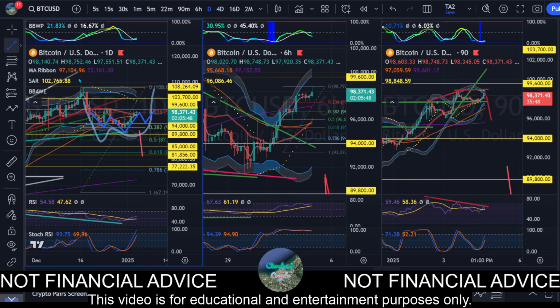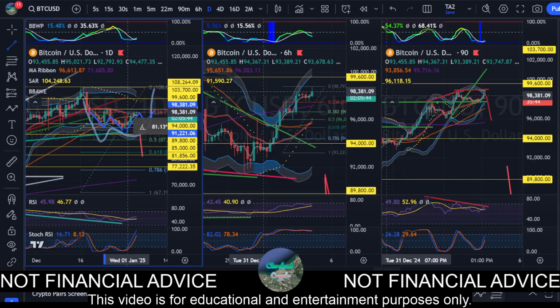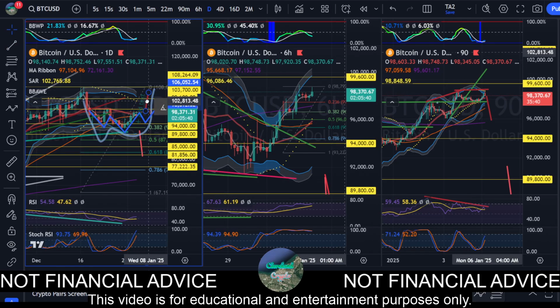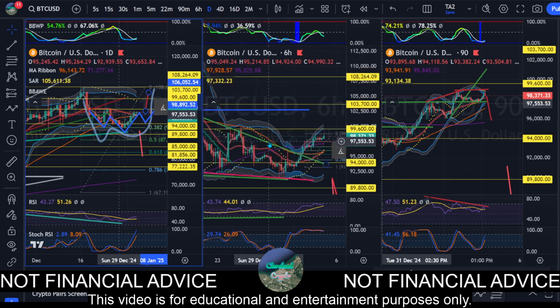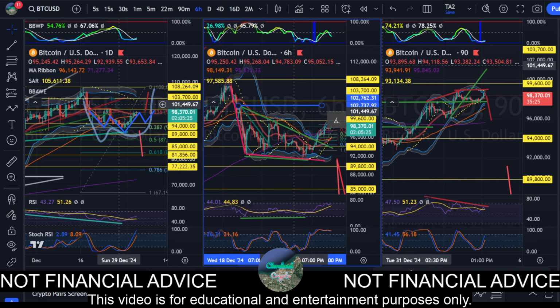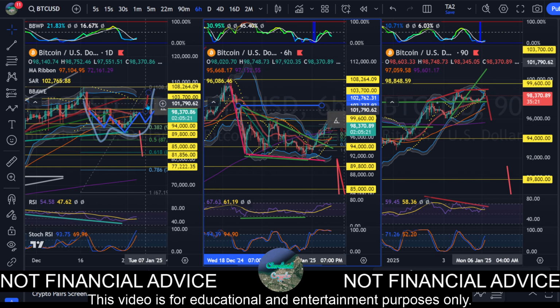This is very speculative, but if that happens, we would see a measured move back up to roughly that 106 level. And that would completely invalidate this bear flag like we've been talking about for days. Got to get over 102, 103 to invalidate that bear flag. That move right there would invalidate it. But this is all speculative.